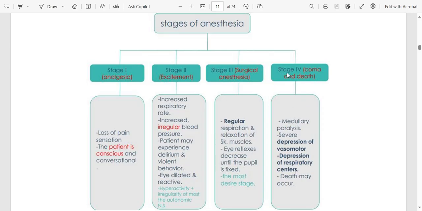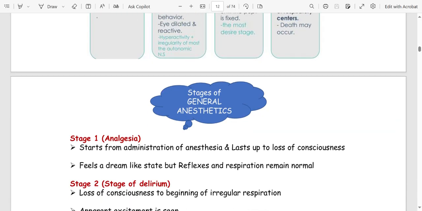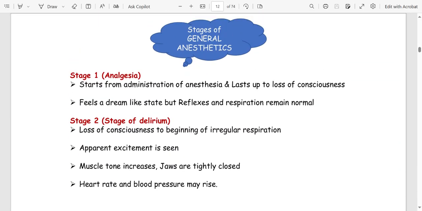You don't want to reach stage 4. The stage you want to reach is stage 3, where you have regular respiration and relaxation of skeletal muscles, the eye reflexes decrease, and the pupil becomes fixed.